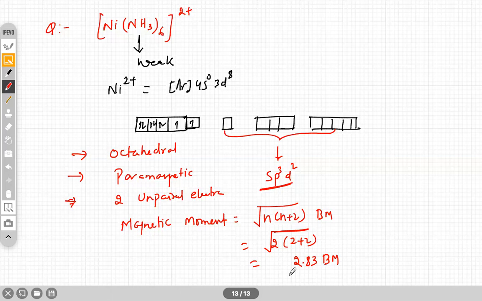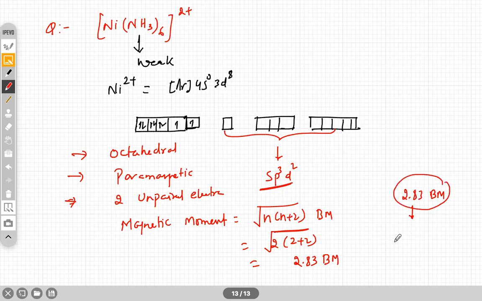So this value you must remember. Sometimes they'll give you the value of magnetic moment in the question, right? Suppose for this question, the magnetic moment is given. This complex has 2.83 magnetic moment. So first of all, you find out the number of unpaired electrons with this value.